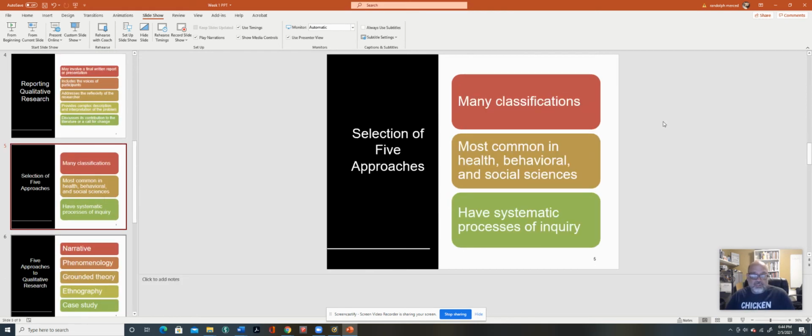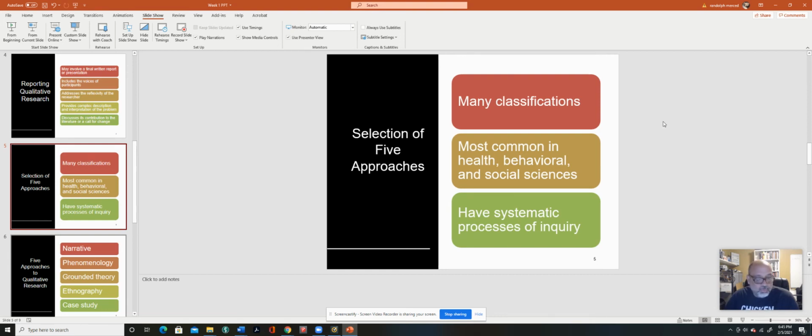The next slide talks about classifications for qualitative research, but the most common that I found is in health and behavioral sciences. You have to have a systematic process of inquiry.